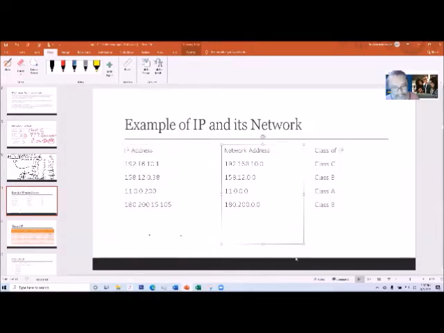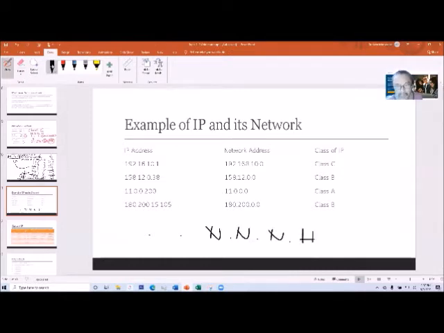So we know that the format is n.n.n.h. So we will take note that if all the n's are numbered here, here, here, and if the h is 0, it's a network address. But if it is 1 or any number you can find at the h, it is an IP. So in our example, that is an IP. In this example here, 192.168.10.0, the 0 portion makes it a network address.